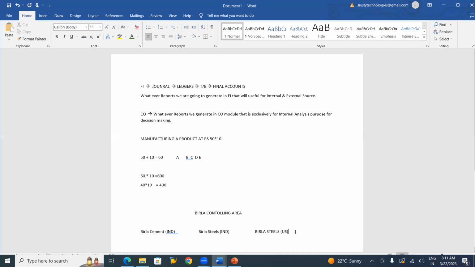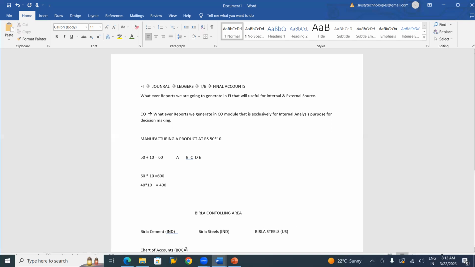When can we use one controlling area for all the company codes? In future, we are going to create a chart of accounts, which is nothing but your list of ledger accounts. I have created a chart of accounts as BOCA, Birla Operational Chart of Accounts.